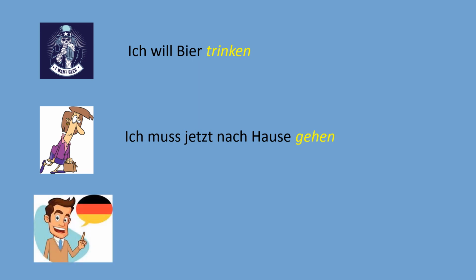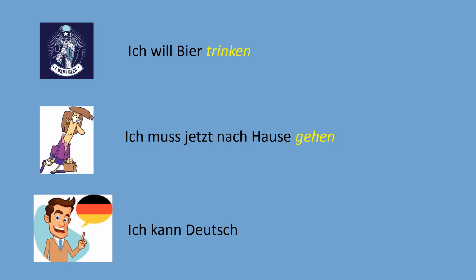For example, in German, an exhausted, tired person can say at the end of the working day, Ich muss jetzt nach Hause. So I have to go home. Ich muss jetzt nach Hause. So what can possibly be the main verb of this sentence? Of course, gehen, to go home. And when we talk about languages, in German we can just say, Ich kann Deutsch. So I can speak German.